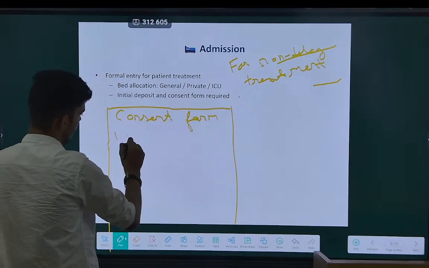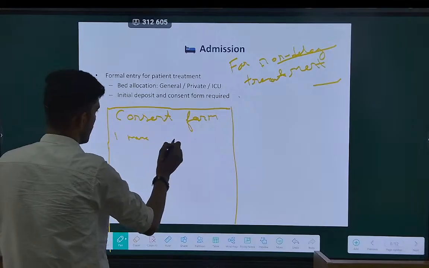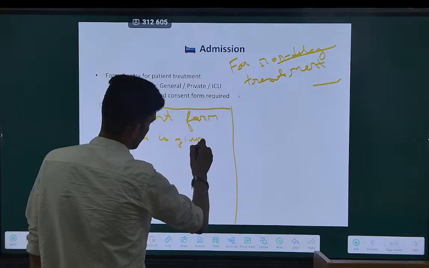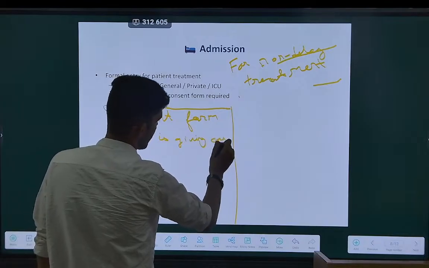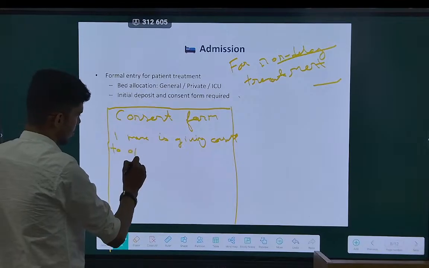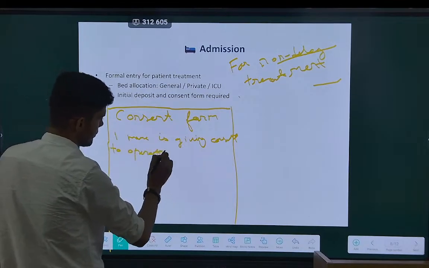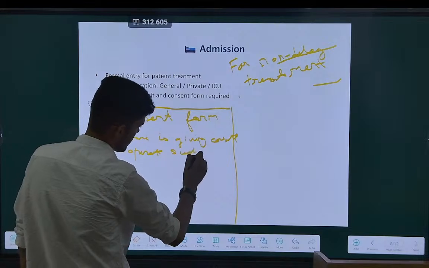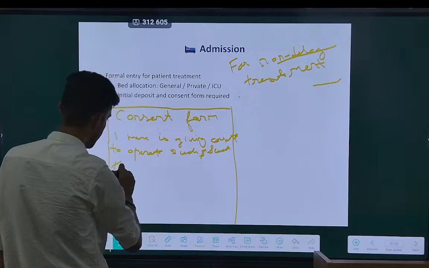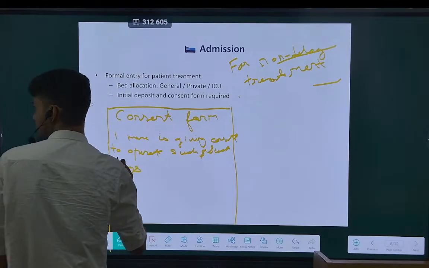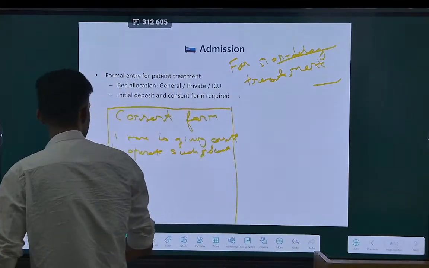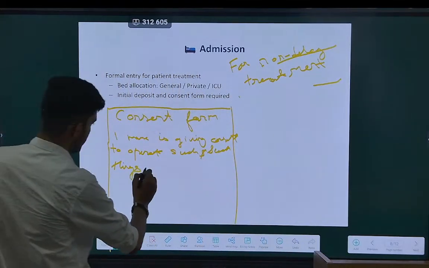I am giving consent to operate on such and such certain things.